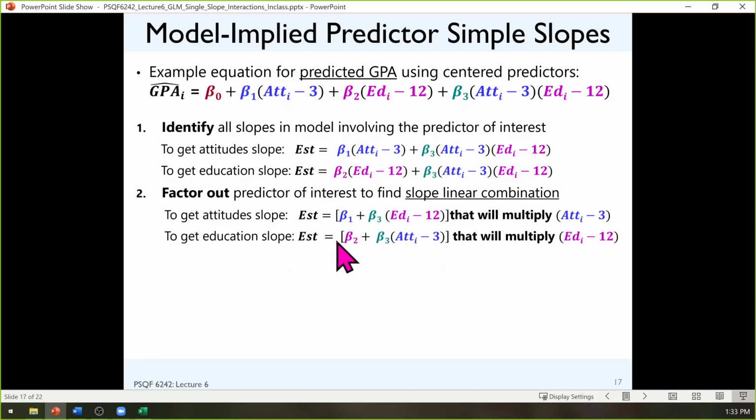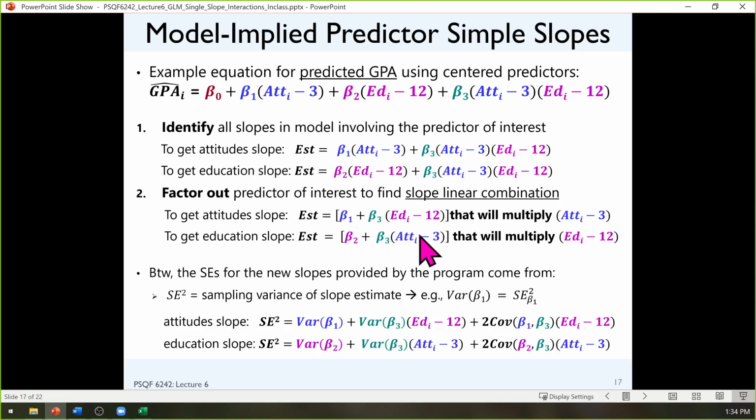Likewise, to get the education slope, I factor out the common education variable, and here's the linear combination that's left. So these are your ingredients for how to get the slope. By the way, here's how you would get the standard error for the new slope. You can calculate it by hand if you feel like it, but it's much more efficient to do that in a program.